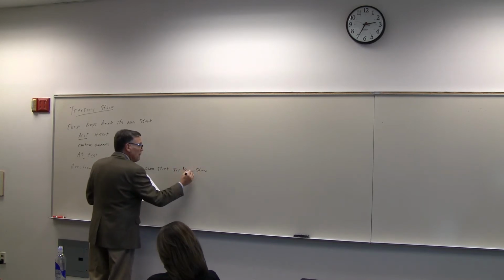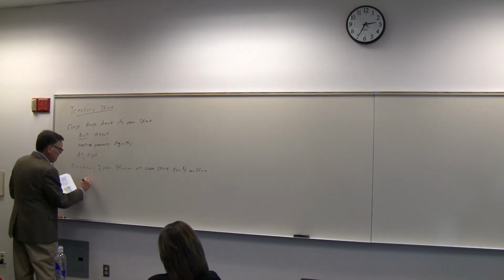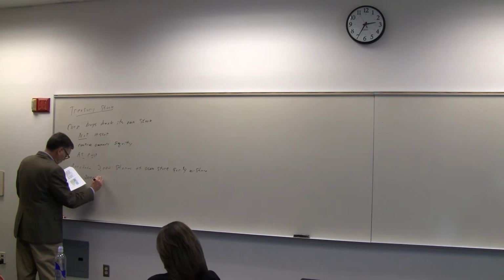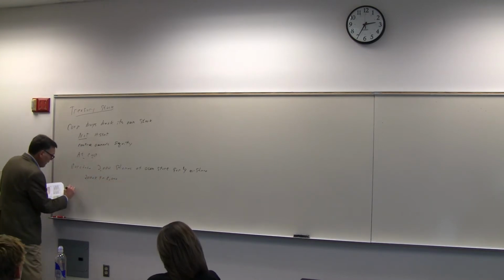All right, so 2,000 times 4 equals 8,000. On May 8th is when they made the purchase.